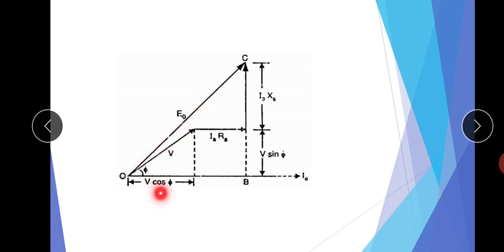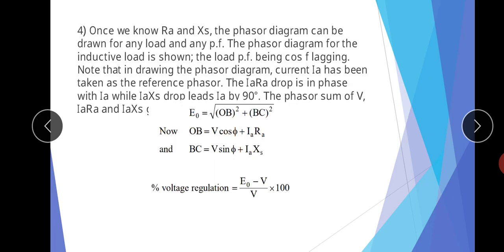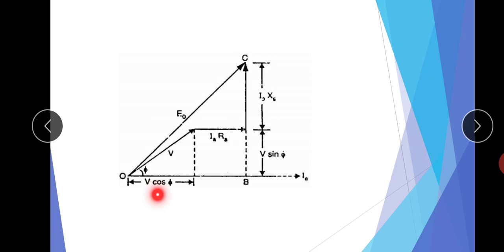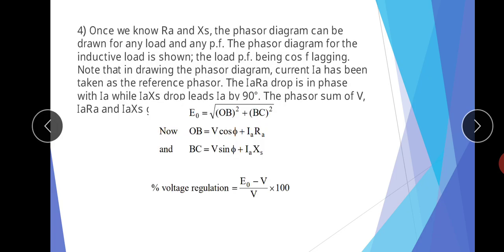That is, OC is equal to the square root of OB square plus BC square. We know that OB is equal to V cos phi plus IA RA, and BC is equal to V sin phi plus IA XS.